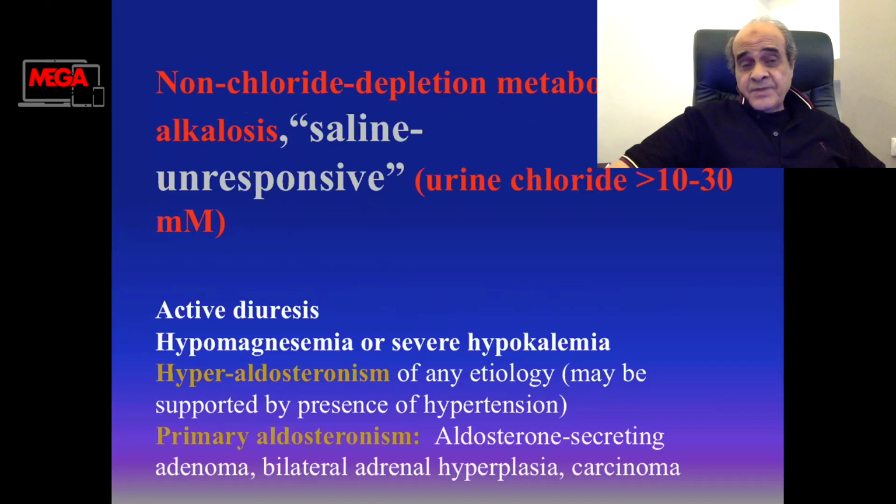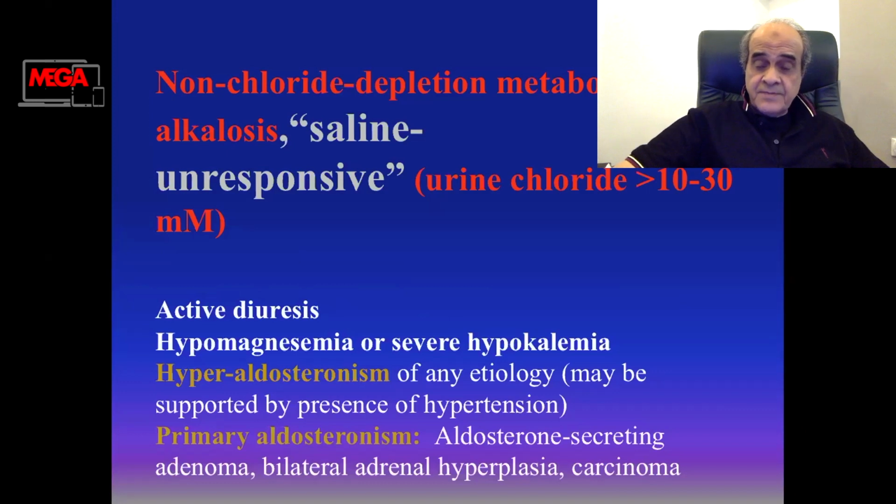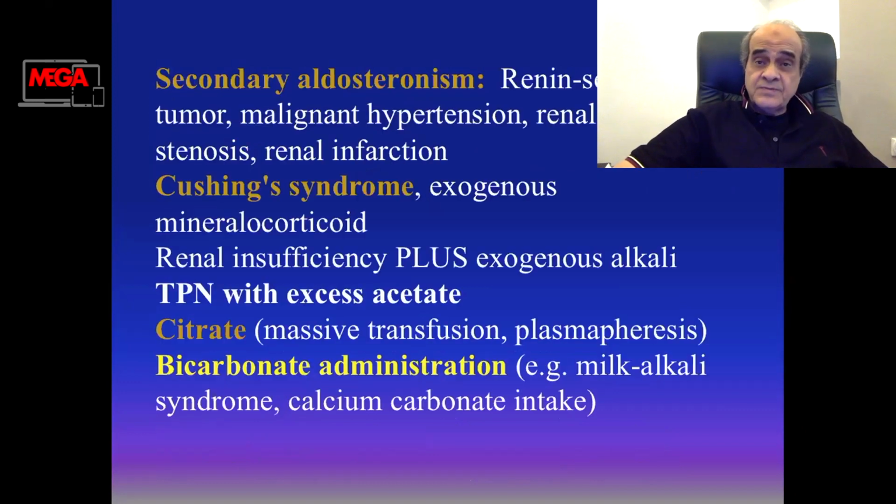The other type is non-chloride depletion metabolic alkalosis, saline unresponsive, because the urine chloride is more than 30. These patients, as in cases of active diuresis, hypomagnesemia, severe hypokalemia, hyperaldosteronism, primary aldosteronism as aldosterone secreting adenoma, bilateral adrenal hyperplasia, secondary aldosteronism also, renin secreting tumor, malignant hypertension, renal artery stenosis, Cushing syndrome, exogenous mineralocorticoid, all these precipitate non-responders metabolic alkalosis.